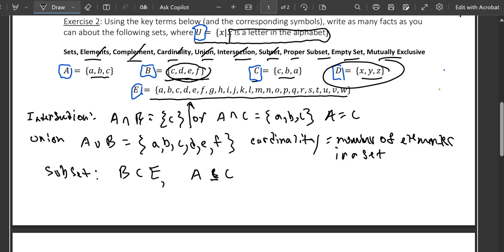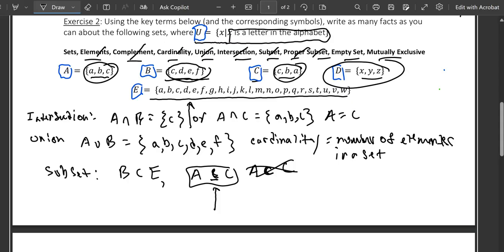I mean, here's A, B, C, and then C is what? A, B, C, not in the same order, but it doesn't matter. I can say that only because it has the equal sign. I could not say that if you did it this way. This is a subset symbol, not a C. I could not say that. That wouldn't work for A and C, but it does here for this one. And that's what we call a proper subset. Okay.